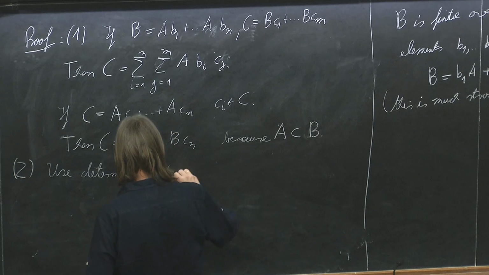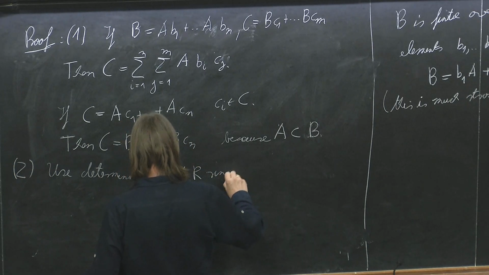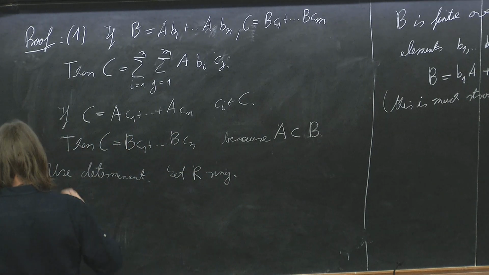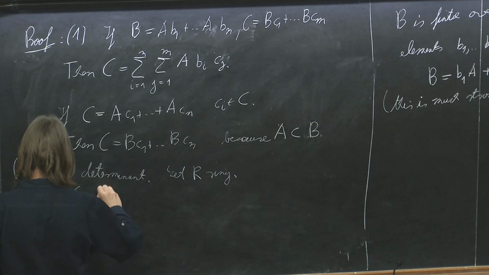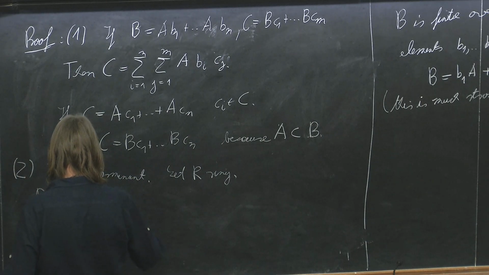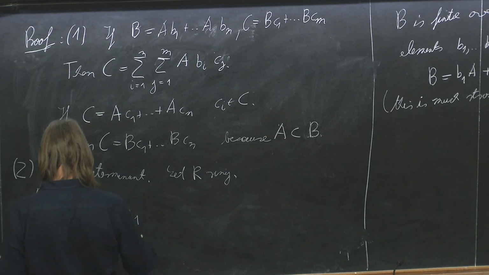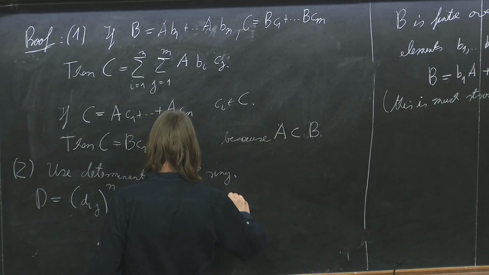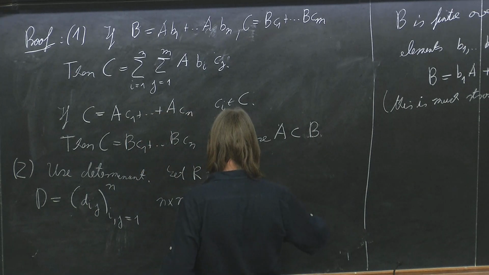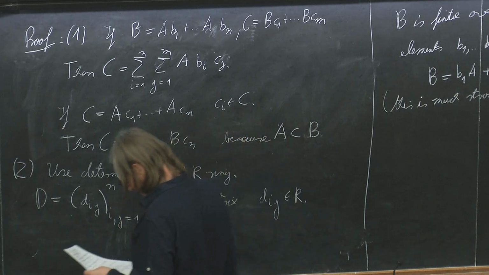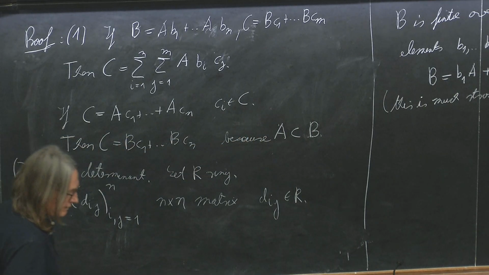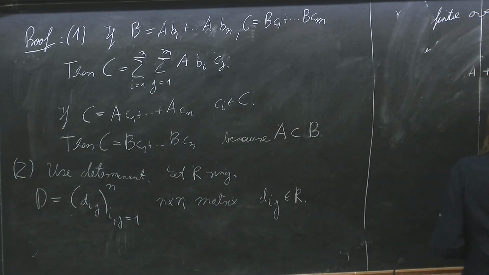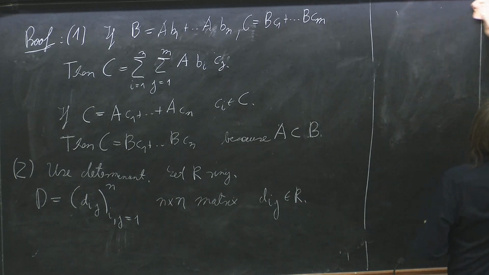So if R is a ring, and D is some square matrix, n times n, with coefficients Dij in R, then the determinant is defined by this formula that you know from first-year knowledge.